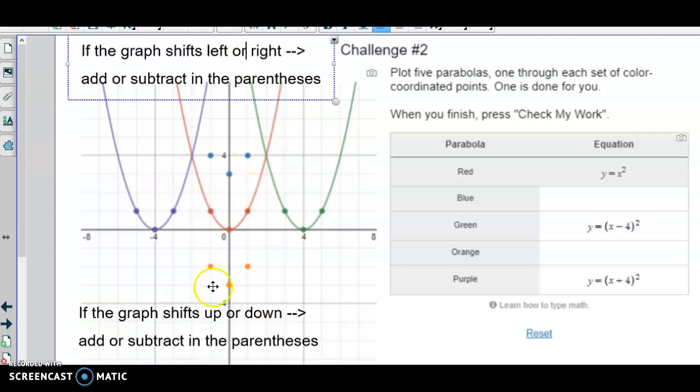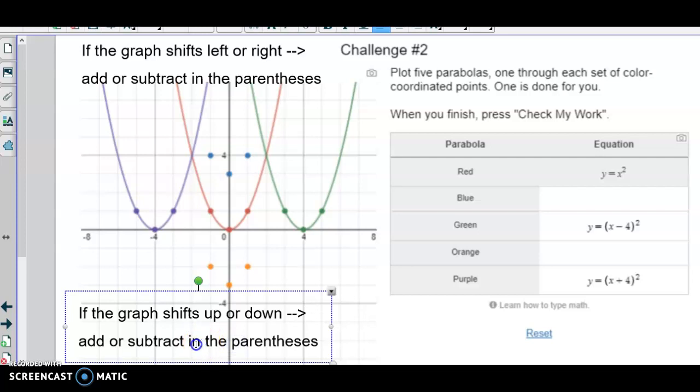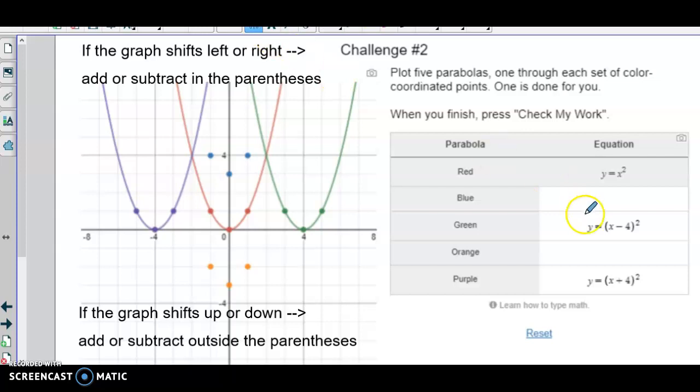The equation might look like y equals x squared, and then plus or minus something.